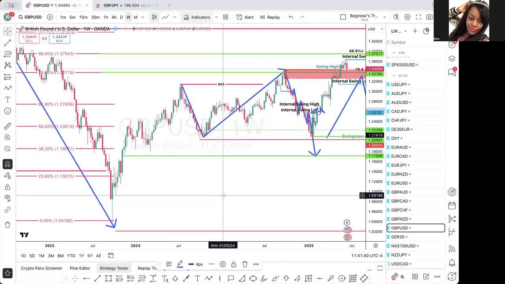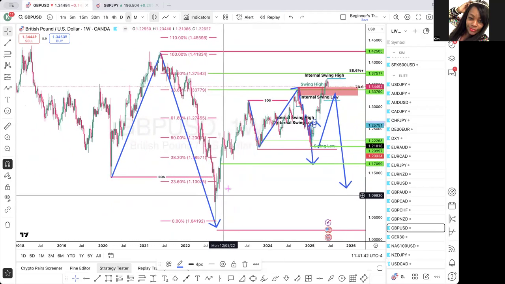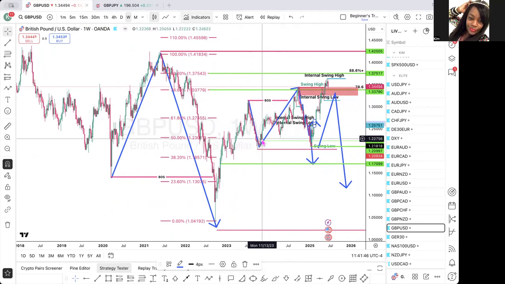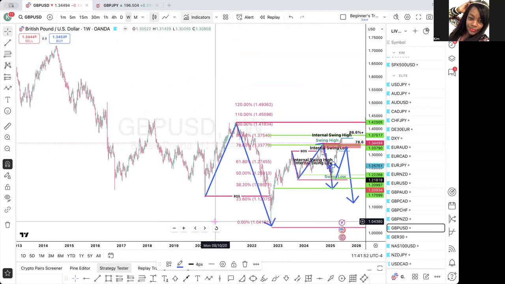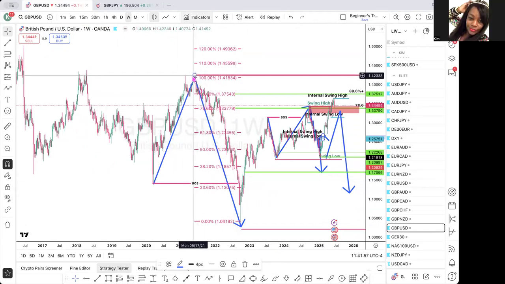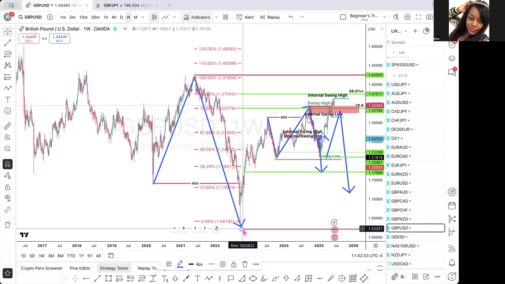There we go. Oh, now I see. So this was the current daily structure. So overall, this was the last move down, right? Yes. Nothing else before that. This had a break of structure. This had the swing high, and this had the swing low. So that is the higher time frame main structure.